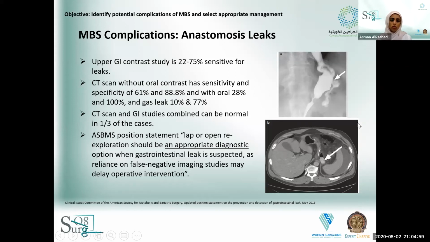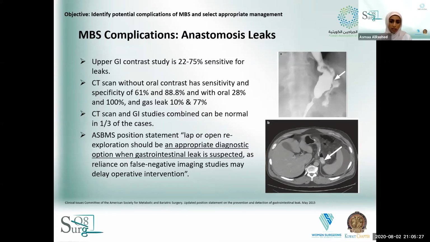If you use your CT scan as well as your GI studies, actually 1/3 of patients who have a leak will have a normal CT scan and GI study. For that reason, the ASMBS issued a statement that if you are suspecting a leak, you can go ahead and do an open exploration of the patient.